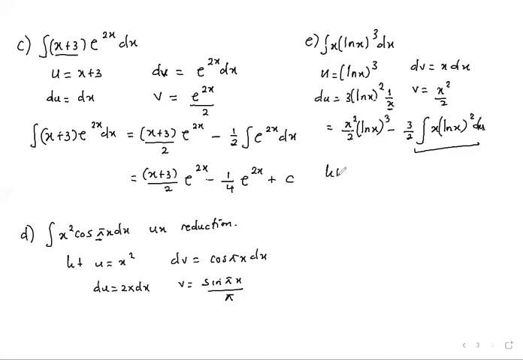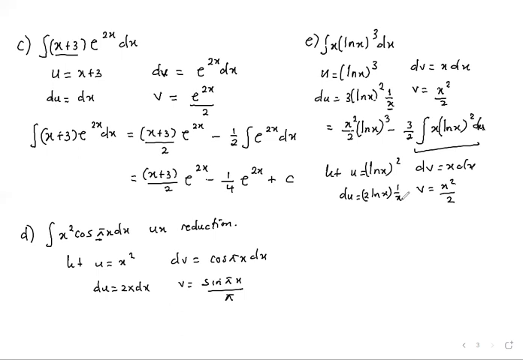Again, you let u to be ln x squared and dv to be x. So that v again is x squared over 2. And then du is 2 ln x times 1 over x.